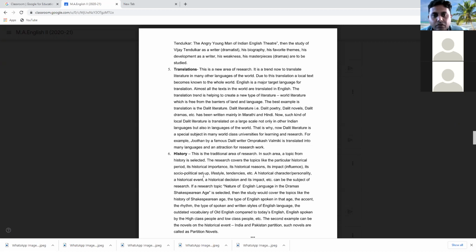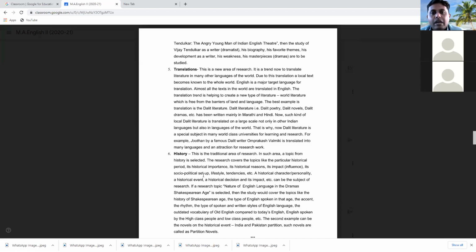As it was translated into English, it went to Europe, and the European people became fans of Rabindranath Tagore. And that's why Rabindranath Tagore received the first Nobel Prize in India, right? So that's the power of translation.